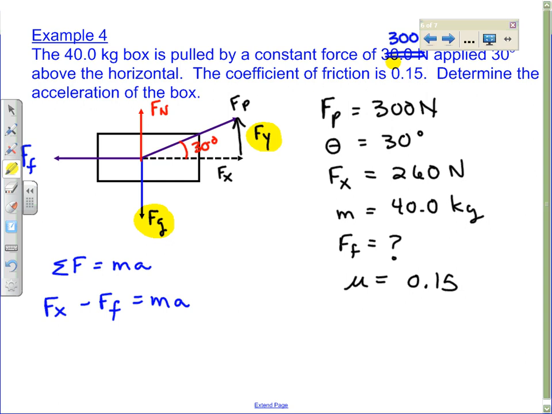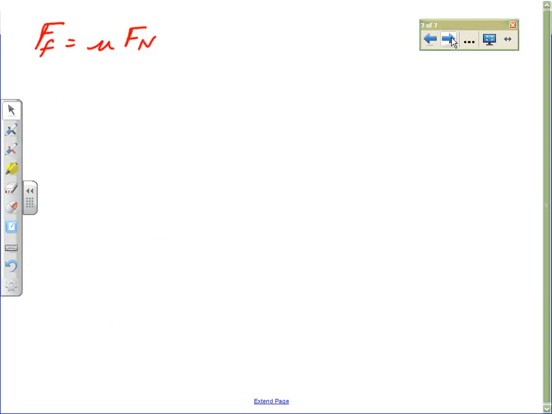So the normal force is going to be less than the weight this time. So to find the normal force, F normal, we need to take the weight of our object minus Fy.